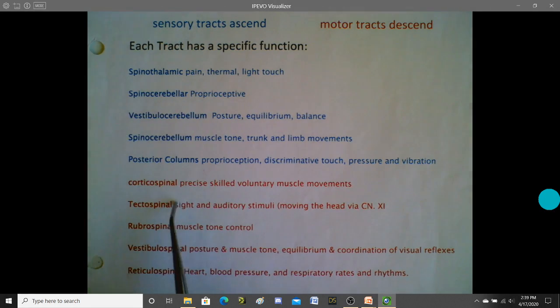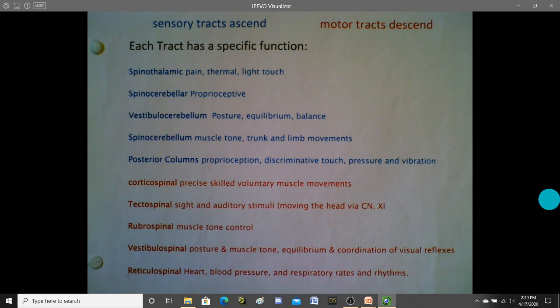The corticospinal is going to be sending motor skills, so information to work our muscles, for precise, skilled, voluntary muscular movements.